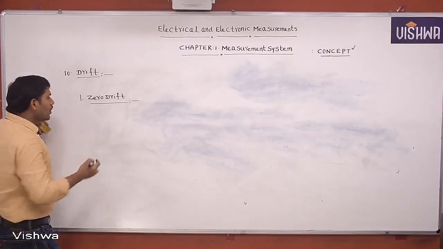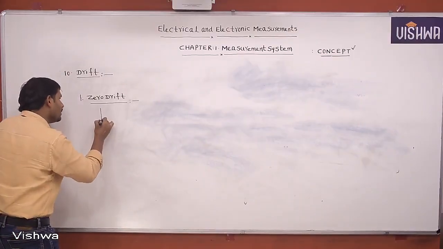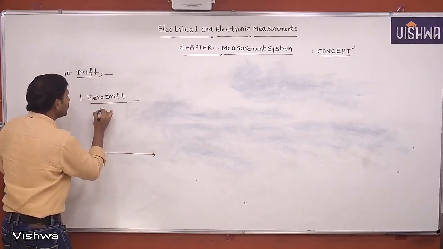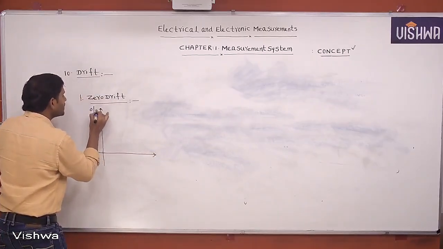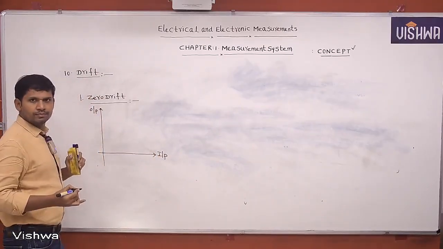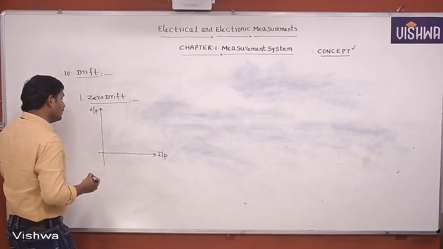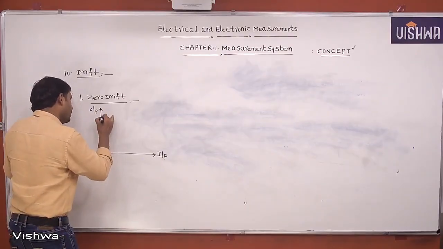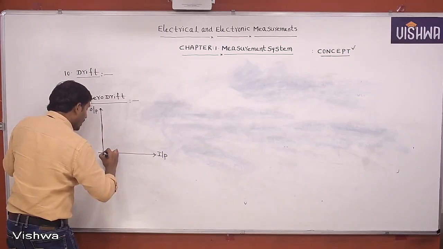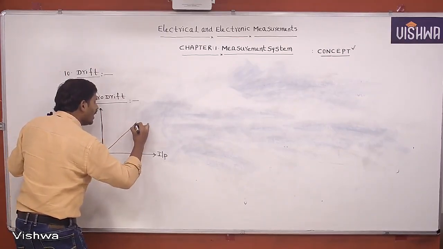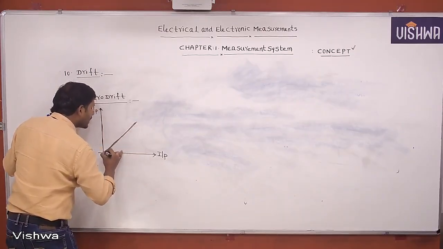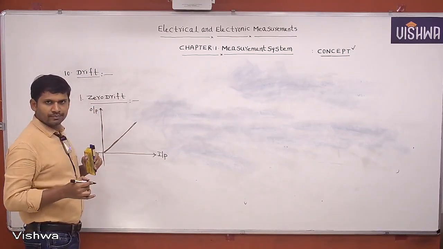How can we get zero drift characteristics? If you draw the characteristics of an instrument between output and input, let us assume that these are the nominal characteristics, or the actual characteristics, of the instrument.